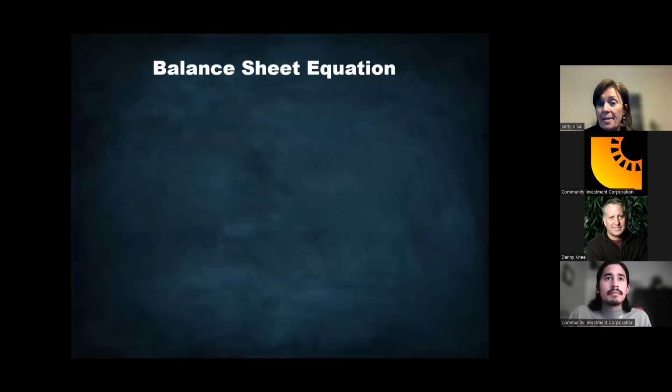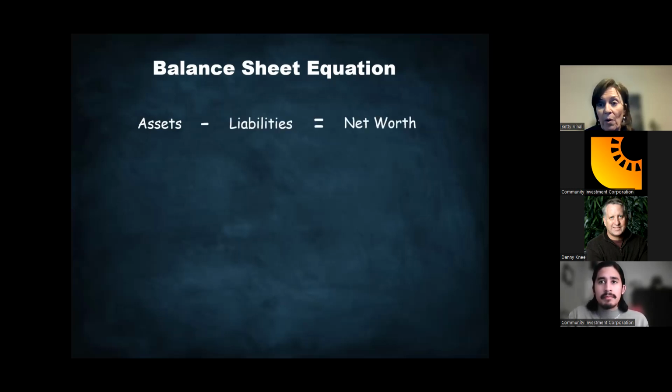And it's called a balance sheet because the two sides, or the top and bottom, always need to balance. So the basic formula, the way it's written, is your assets minus your liabilities equals your net worth. So you take everything you own, you subtract what you owe, and that is your value. Of course, not everybody makes it just straightforward and easy.